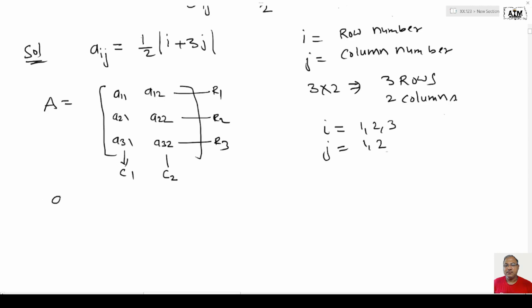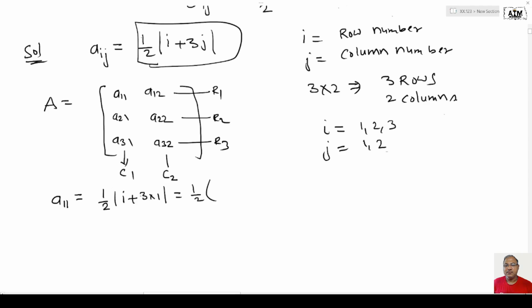Now to find A11, what do you do? You keep the expression as it is: half modulus of i plus 3j. Here i stands for 1 and j also stands for 1. So this equals 1 by 2 times 1 plus 3, equals 4 by 2, equals 2.